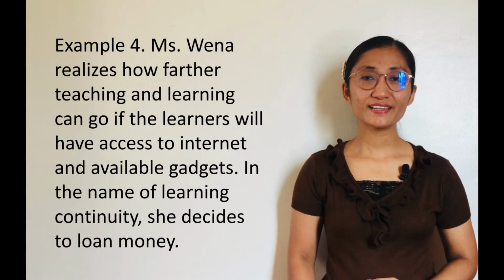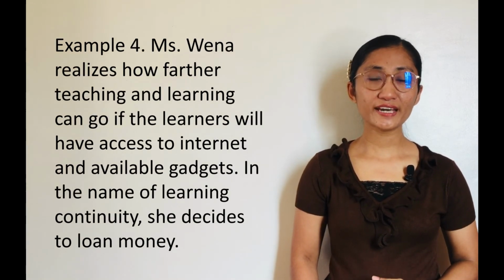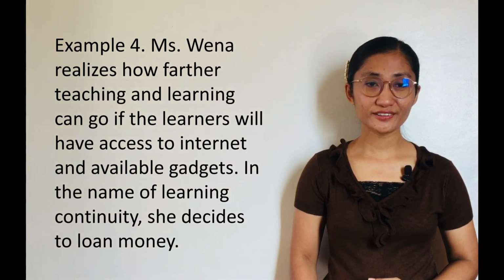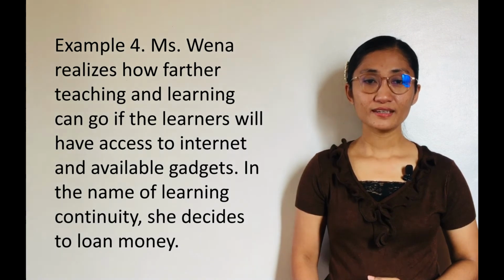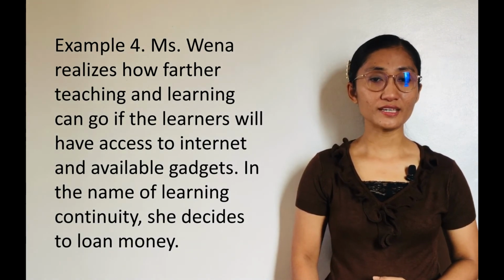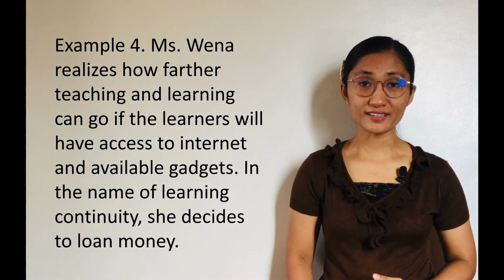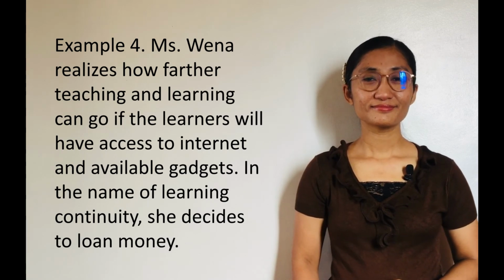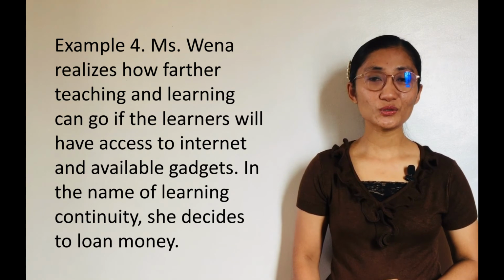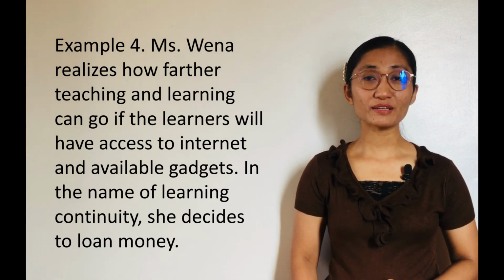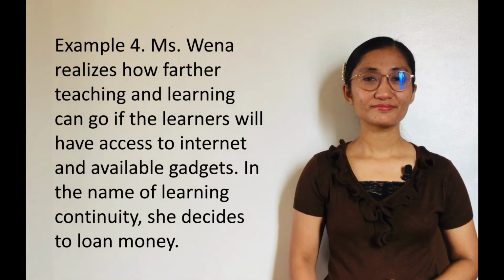Miss Wena realizes how further teaching and learning can go if the learners will have access to internet and available gadgets. In the name of learning continuity, she decides to loan money. Answer: It's a consumer loan since she intends to use the money not for business but for public service.